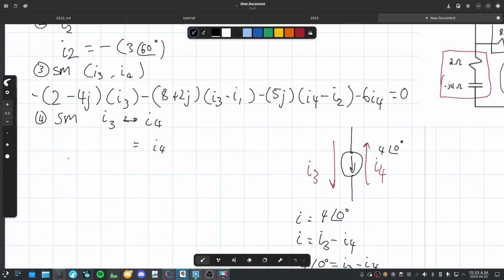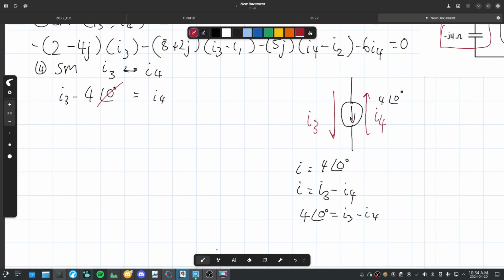Let's rewrite that. If you want to, you can also get rid of this phasor 0. Anything with a phasor 0 is just the real component. You can put that in your calculator. 4 with a phasor 0 is just 4. So again, you can isolate for I3 or I4, you get the exact same answer. Don't worry about it.